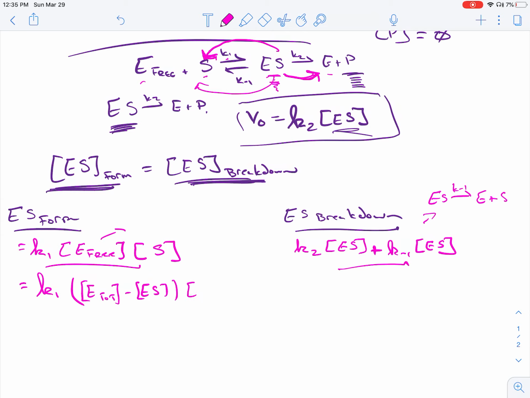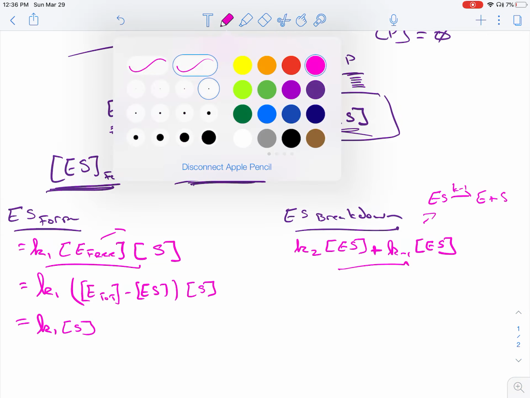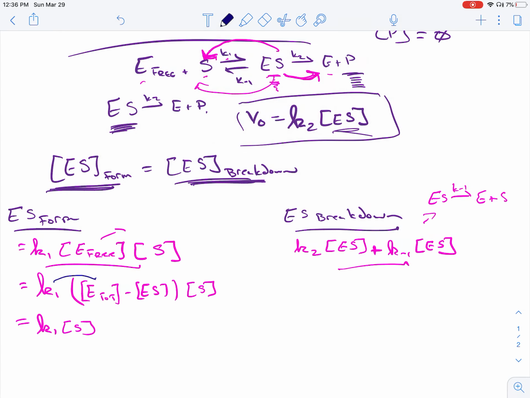And this is times S, right? And just to do a little bit of algebra and distribution, we can say K1, and I'm just moving this over S. Just remember from algebra, we have to distribute these, right?